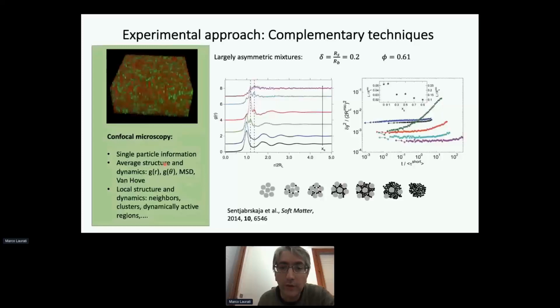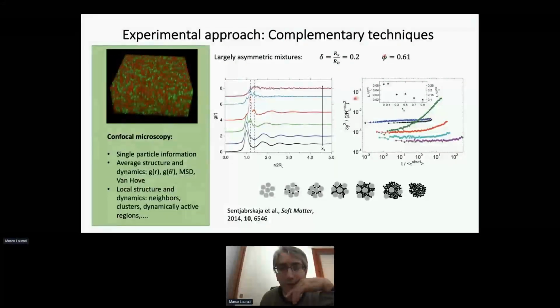And in this sense, here I'm showing you what we could obtain for a mixture which presents a large asymmetry in the components, with a size ratio of 1:5 between the small and the large particles, at a high packing fraction.